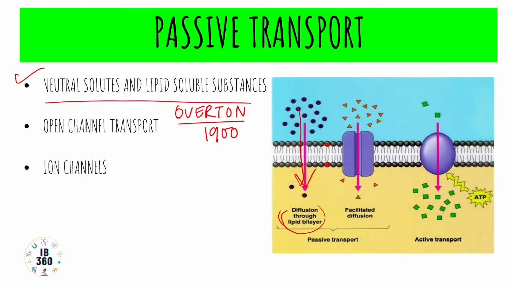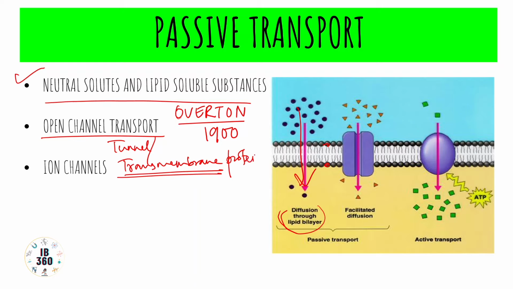Then comes open channel transport. Open channels are not specific, they are always open, and these are mainly formed by tunnel proteins. We have already talked about tunnel proteins or transmembrane proteins, which span throughout the bilayer. They are deeply embedded.